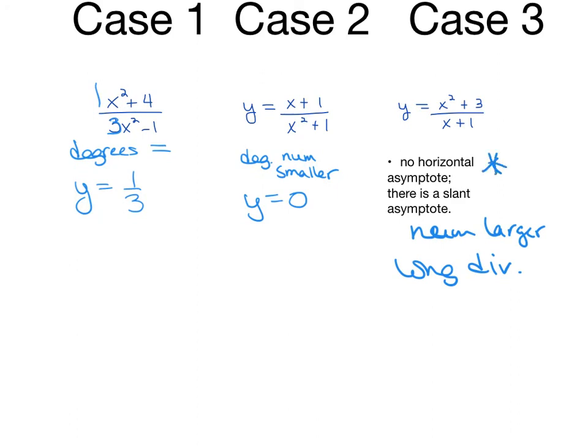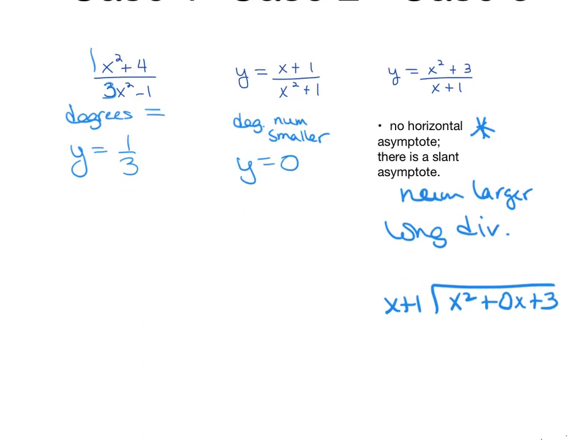It has a slant. So I'm going to do x plus 1. And then in here, remember to hold the place with a 0. And now divide it. x times x is x squared plus 1x. Flip the signs to opposite. Negative 1x plus 3.